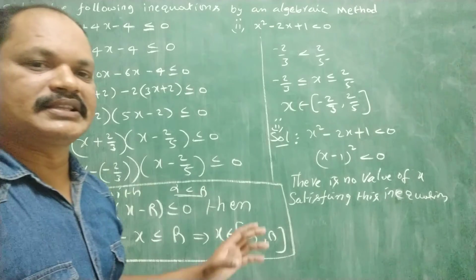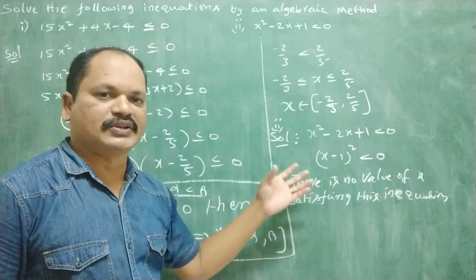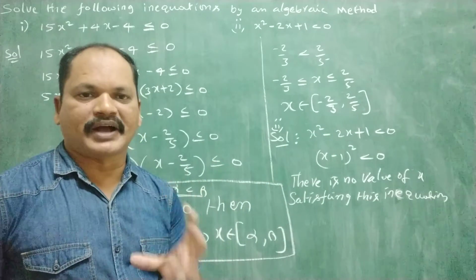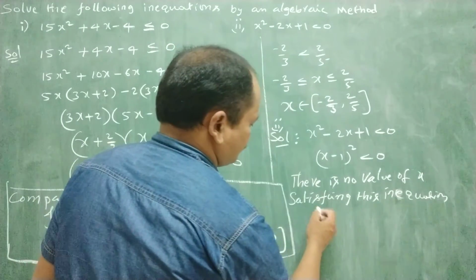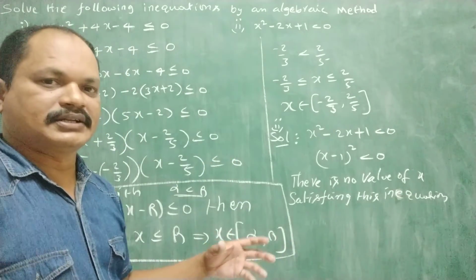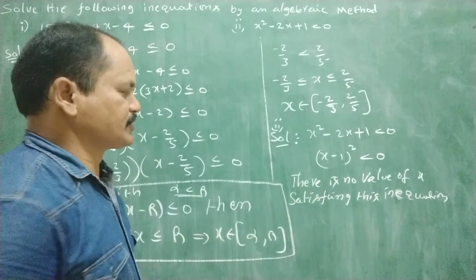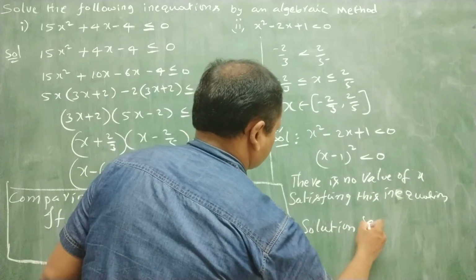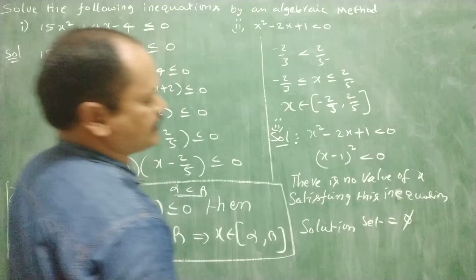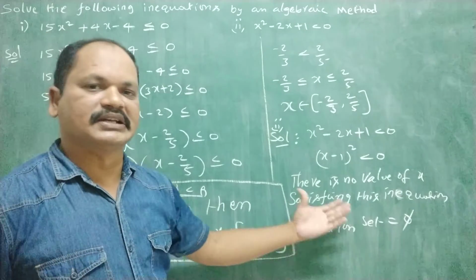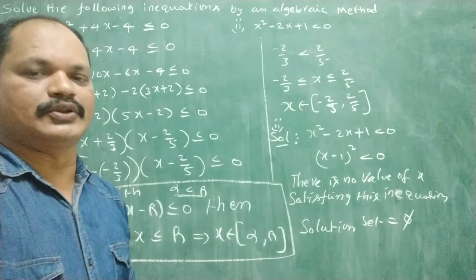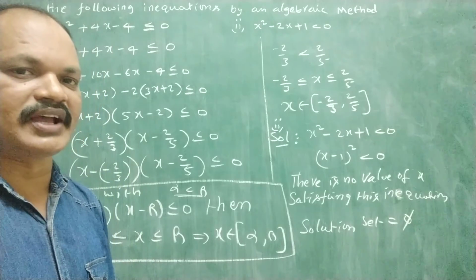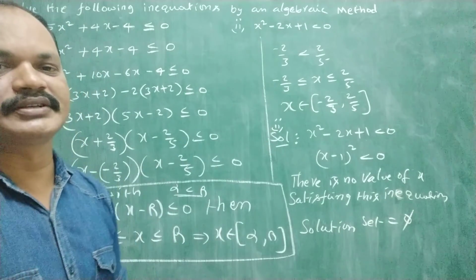That's why the solution set for this inequation is the null set, phi. So the required solution set is equal to phi. Are you clear? The solution set is the null set, since there is no x value satisfying that inequation.